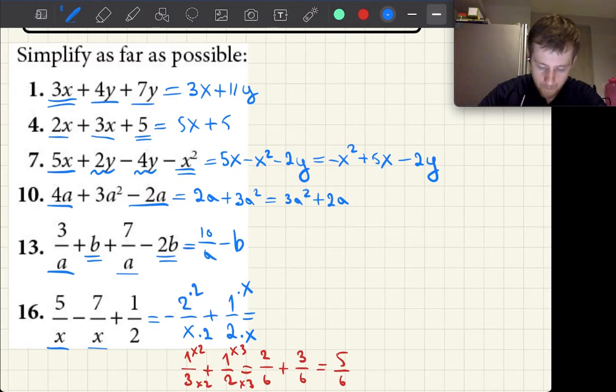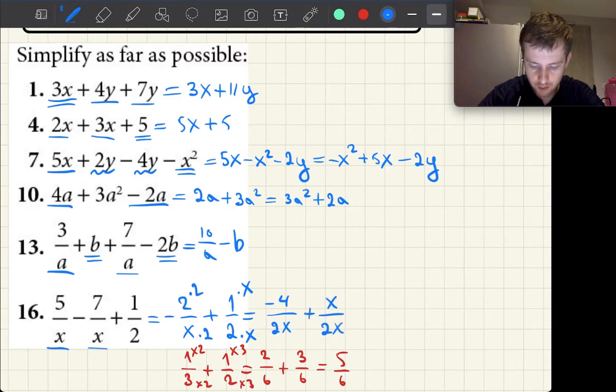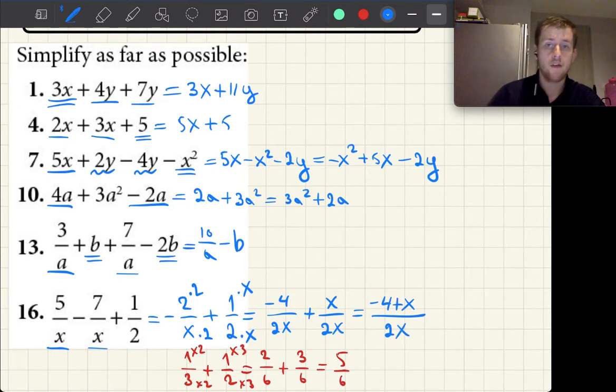Anyway, so we have minus 4 over 2x plus x over 2x. Now we can add it together, so we have minus 4 plus x over 2x. And that's it. This is as far as we can go in simplifying it.